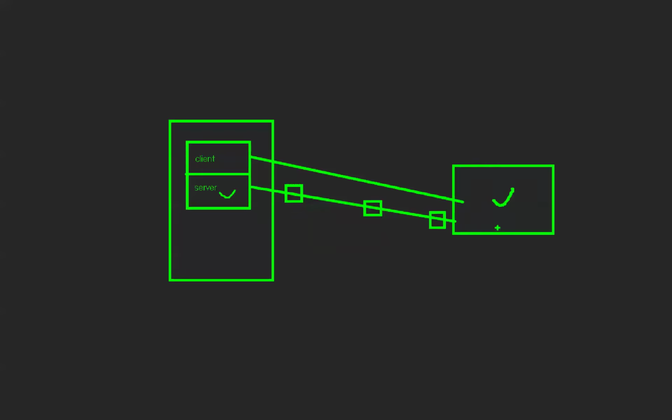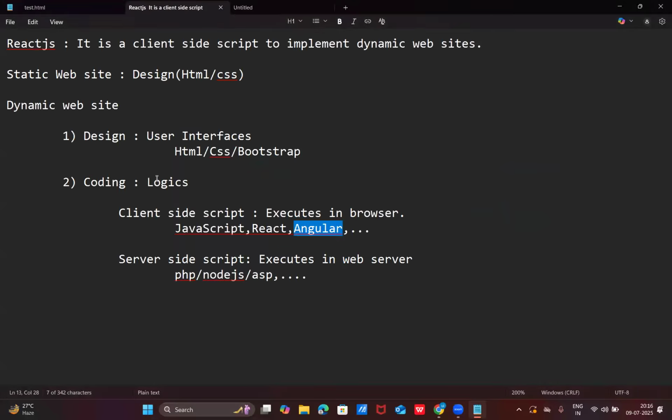Is it clear? Yes. So if you want to implement any website, both scripts are required. UI developers work with these client-side scripting languages and server-side programmers work with these server-side scripting languages. Now you have clarity on what is client-side script and what is server-side script. Here, if you observe this point, React.js. What is React.js?